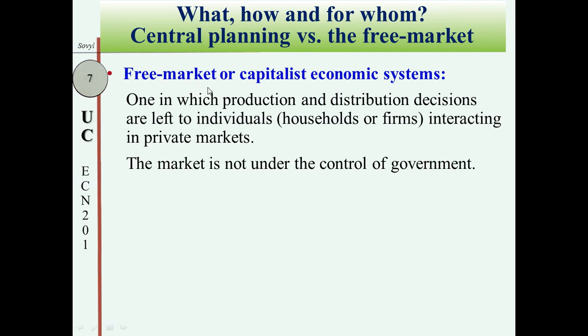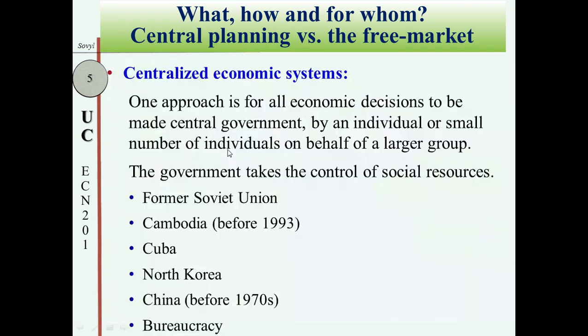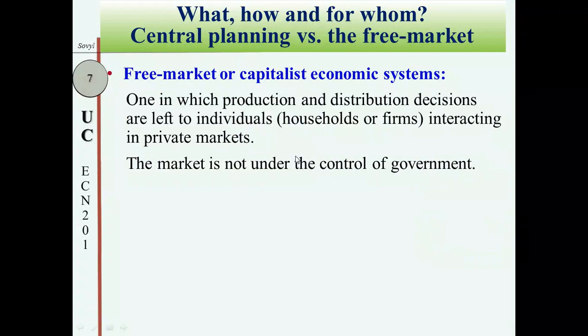So in a free market or capitalist economic system, the market is not under the control of the government. It is different from the centralized economic system.